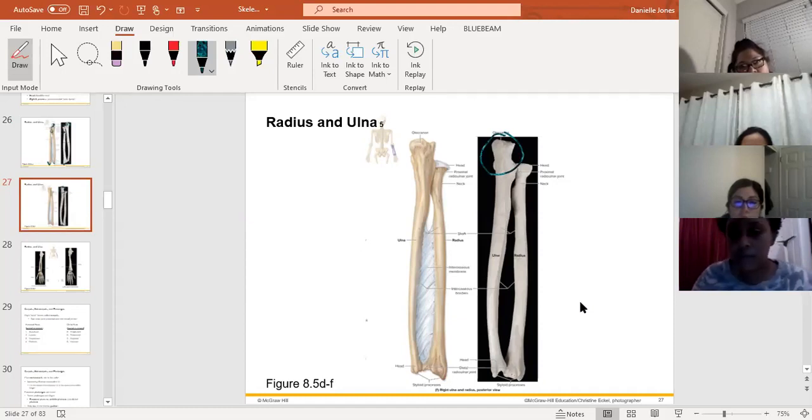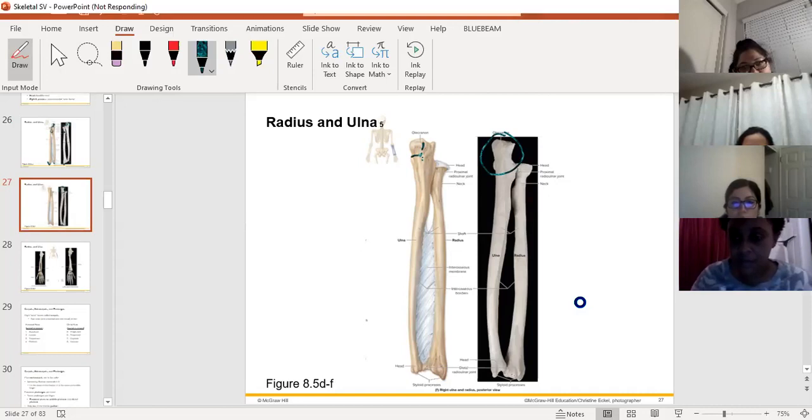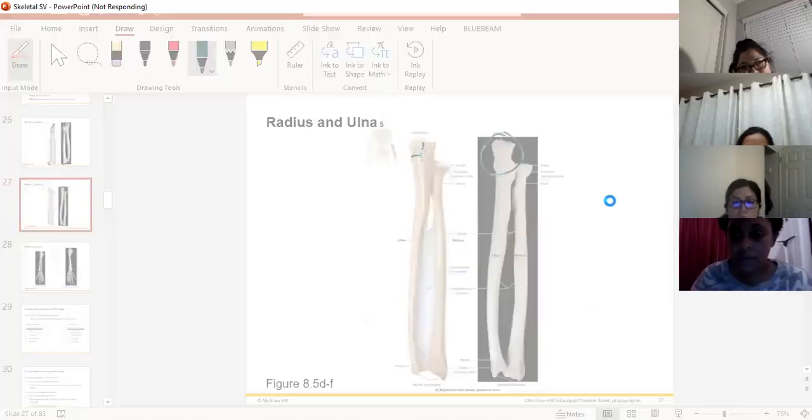Is the palm facing posterior or anterior? Because we see the olecranon process, what side is the elbow on, anterior or posterior? Posterior. So is this the patient's view or your view? Our view. So then what side is this? Right. There we go.